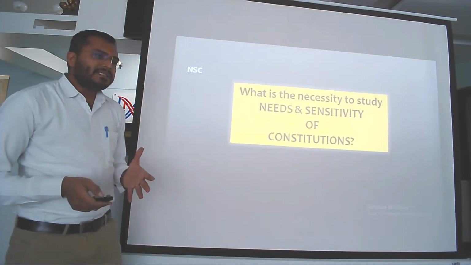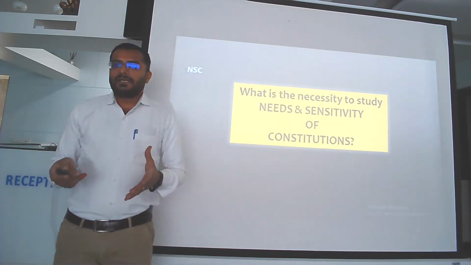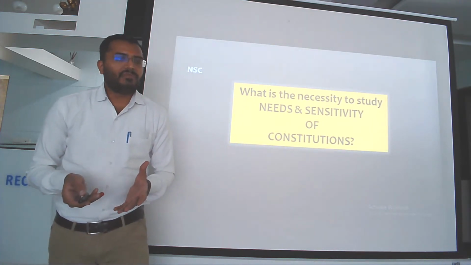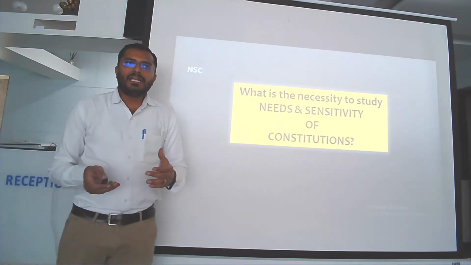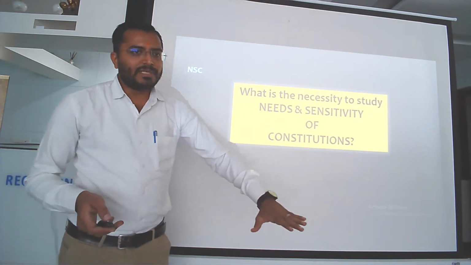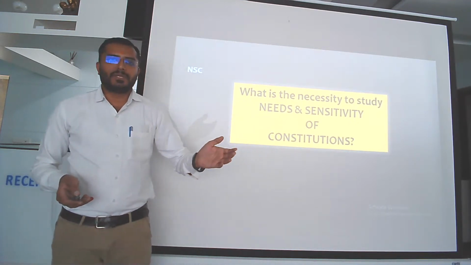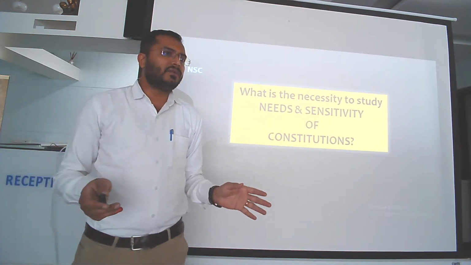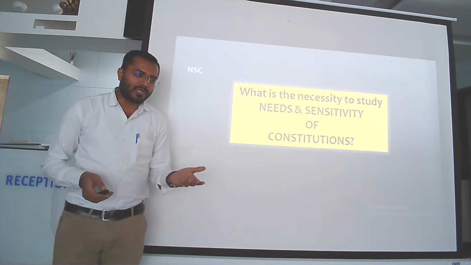Now, why is it necessary for the need and sensitivity of the constitution to be known? If we don't know about this process, then we are dealing with a lower layer of the disease, up to the second or third layer of the theory of suppressions. In those cases, we can prescribe wonderfully and get a result, but it can be suppressive, it can be curative.